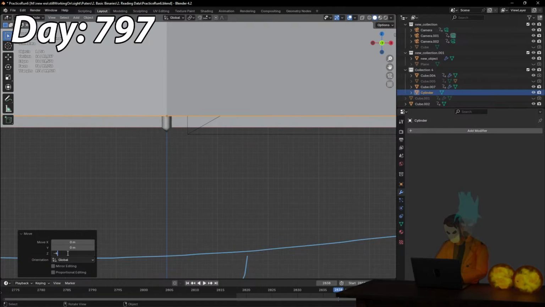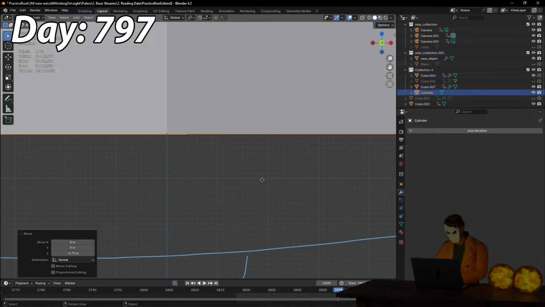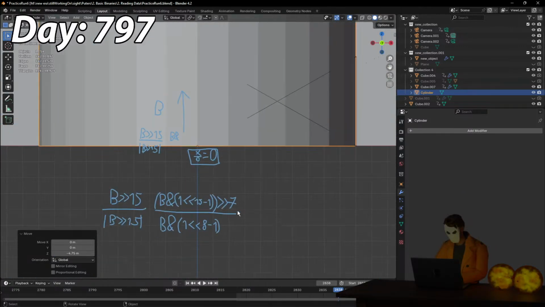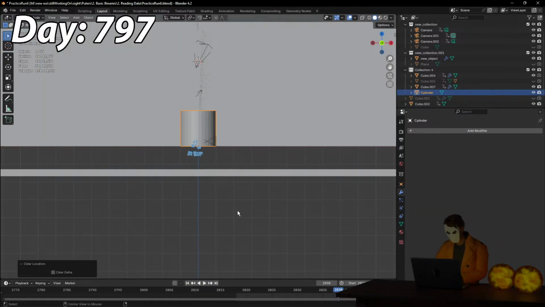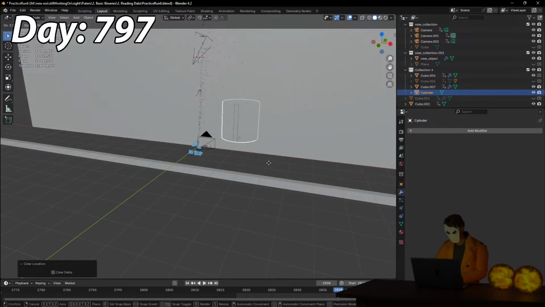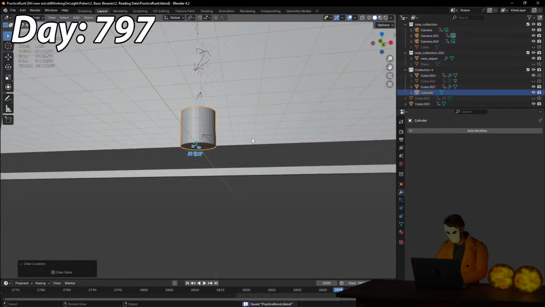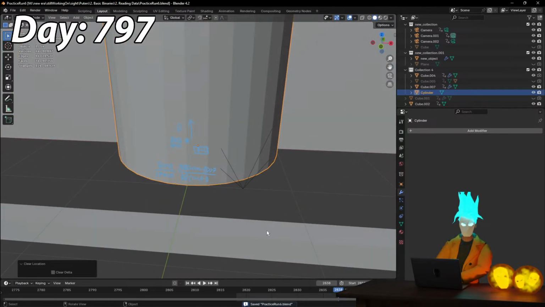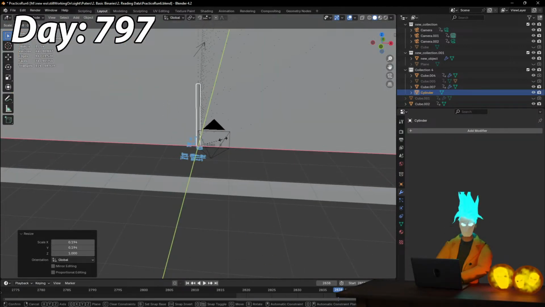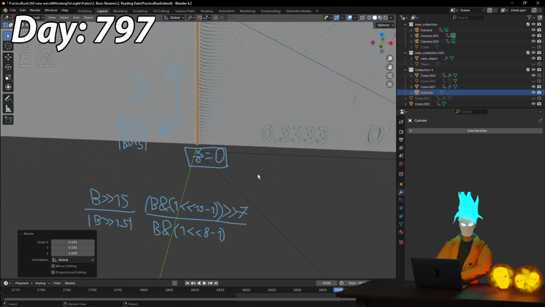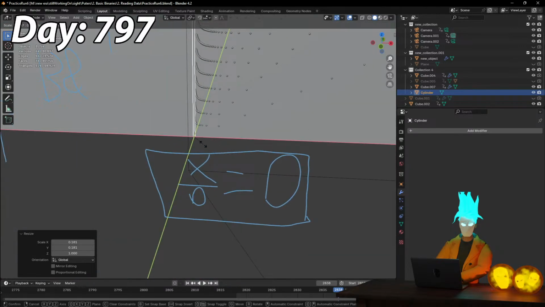Negative 4.75. I don't trust it. Well, I'll be. There it is. Now we just want to make it thinner, much thinner. It has to be around the thinness of a point.